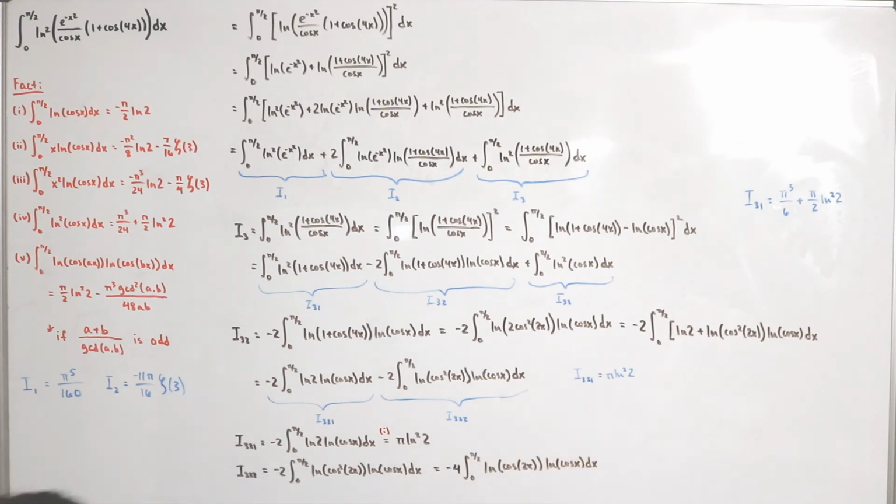Alright, now we can actually solve this easily by using fact number 5: the integral of ln cosine of ax multiplied by natural log of cosine bx is equal to pi over 2 ln squared 2 minus pi cubed multiplied by the GCD of a and b squared divided by 48ab, if (a plus b) over the GCD of a and b is odd.